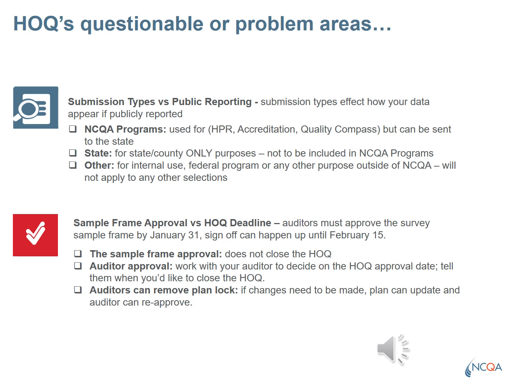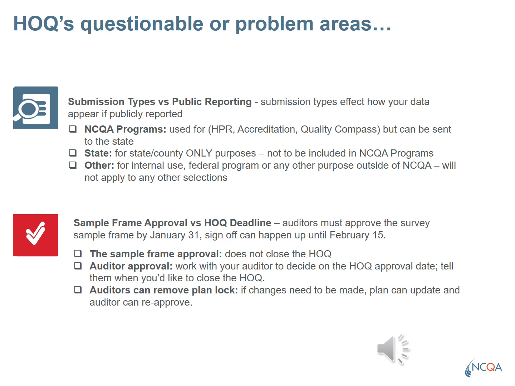So once you get to IDSS and you get to submissions that were listed for the state or listed as other, once you get to that attestation, you can't select to publicly report that. We can't use those. So it would have to be an NCQA programs submission that's used.